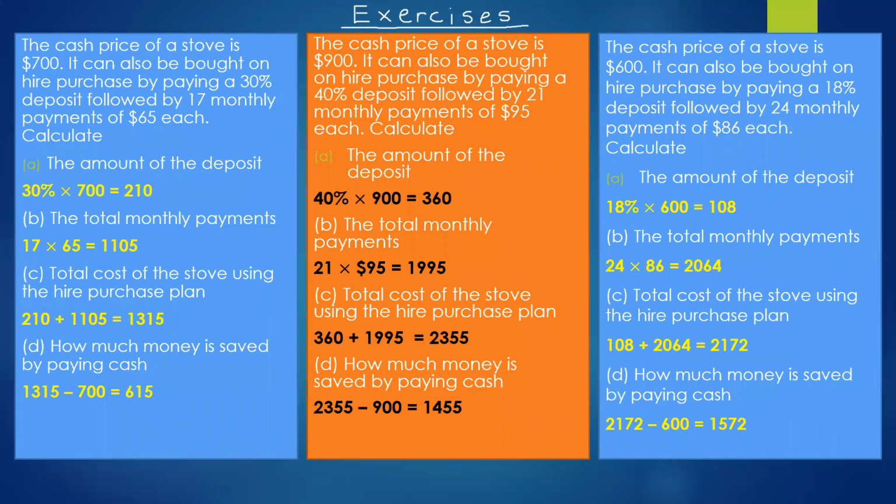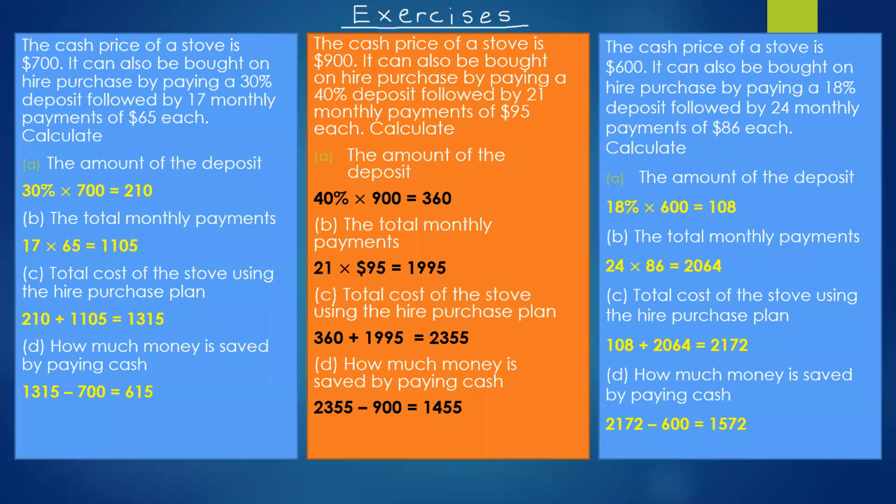And then for B, it says calculate the total monthly payments. So you want to do 21 times 95, which gives you 1,995. And then C, it says calculate the total cost of the stove using the hire purchase plan, which is 360 plus 1,995, which gives you 2,355.